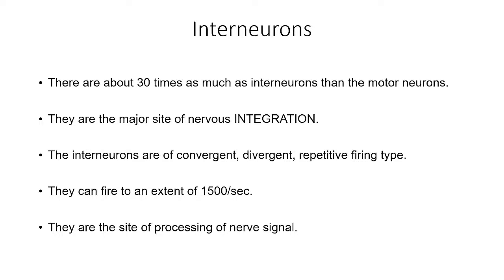Synapse हुआ है, synapse की property बताओ. सबसे पहली property, वन वे कंडक्शन. क्यों होता है वन वे कंडक्शन? एक साइड ही न्यूरोट्रांसमीटर, especially in chemical synapse, but electrical synapse is bidirectional.